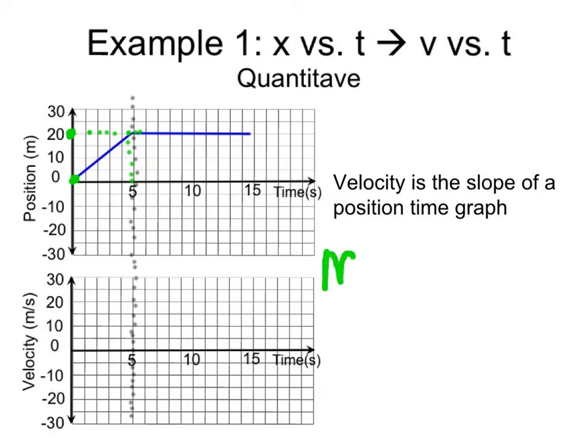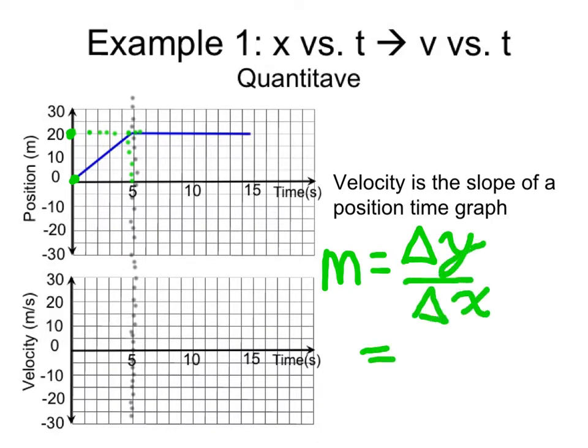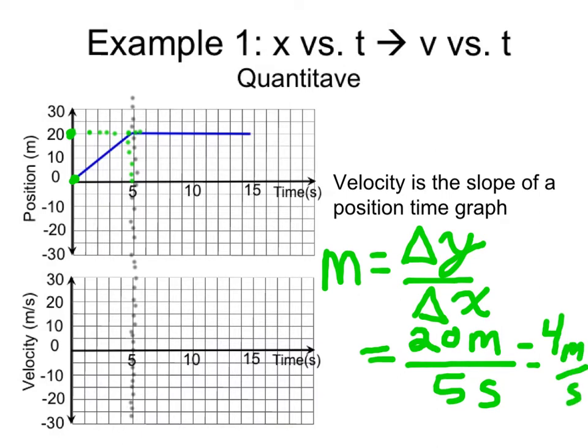So now slope, remember, is change in y over change in x, and for the first part of this graph, the change in y was 20 meters, and the change in x was 5 seconds, which means that my slope is 4 meters per second for the first part of that position time graph.